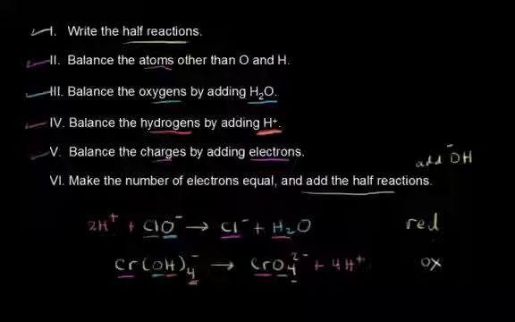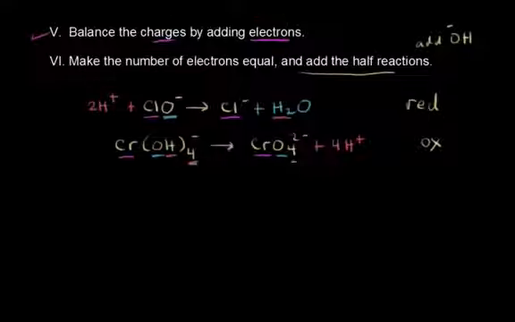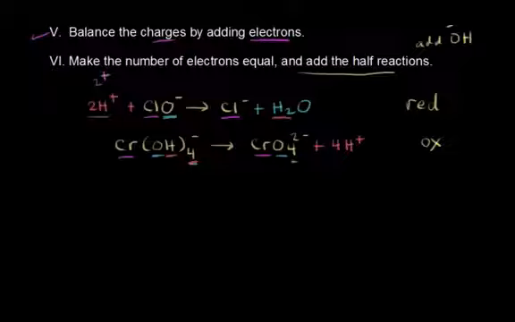So step 5, we need to analyze the total charges on both sides of my half reaction. So let's look at the reduction half reaction first. I have 2 protons, right? So that's 2 positive charges on the left side here. And I also have a negative charge on the hypochlorite anion here. So I have 2 positive charges and 1 negative charge.